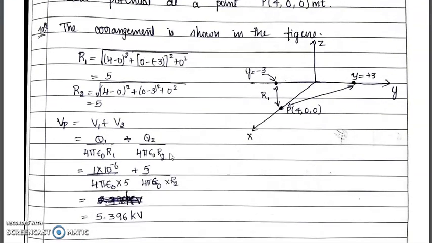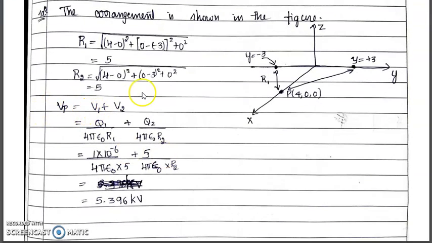Now I will find the potential. As I told previously, the potential at point P depends on the potential due to this charge and the potential due to this charge. So I will take the sum of the potentials produced by both charges, which is the total potential at point P: V1 plus V2. V1 can be written as Q1 by 4 pi epsilon naught into R1 and V2 can be written as Q2 divided by 4 pi epsilon naught into R2.